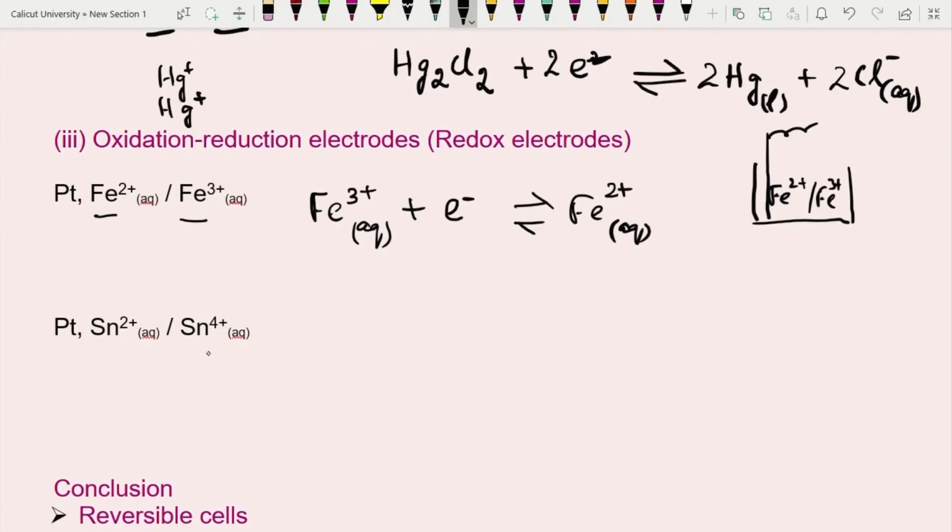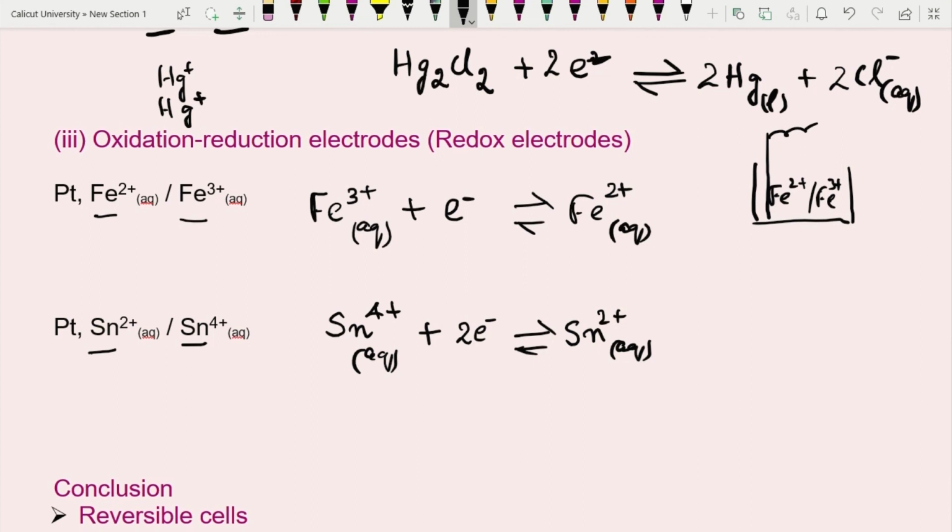In a similar way, you can have the second type, where you have Sn2 plus and Sn4 plus. It is obvious that Sn4 plus is in the oxidized state. Now, it has to add 2 electrons, and that will give you Sn2 plus, and both these are in the aqueous state.